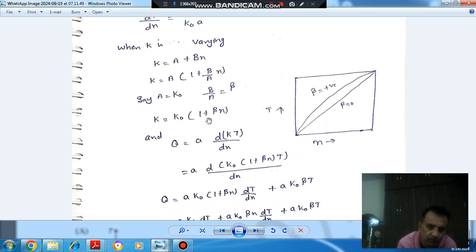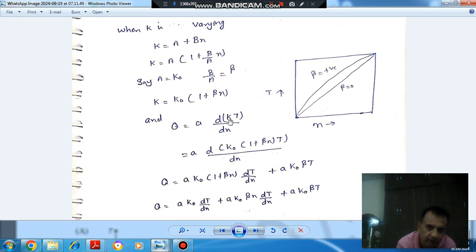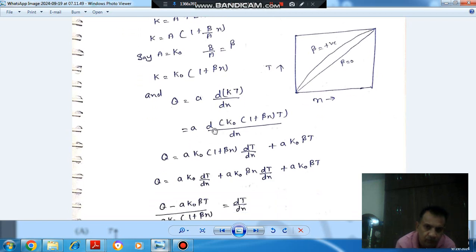Now the heat transfer equation is Q is equal to A d(KT) by dx, because K is a function of x, so we take it within the bracket. This consists of two parts, K naught 1 plus beta x, which is a function of x, and T, which is also a function of x, so using the product rule.